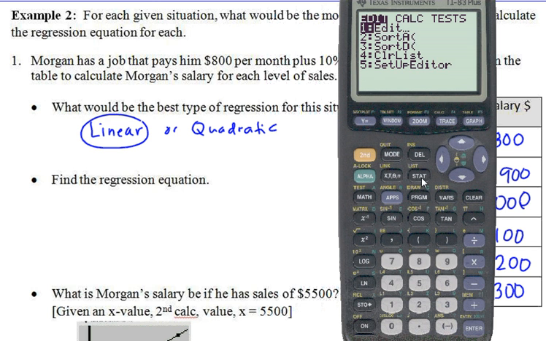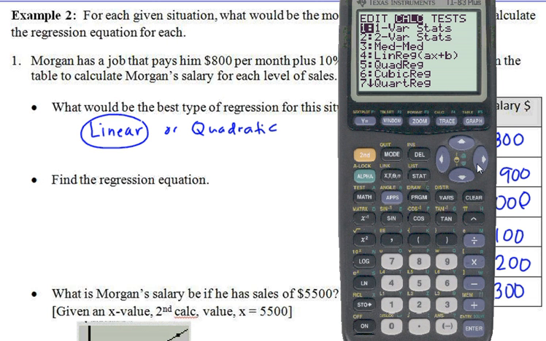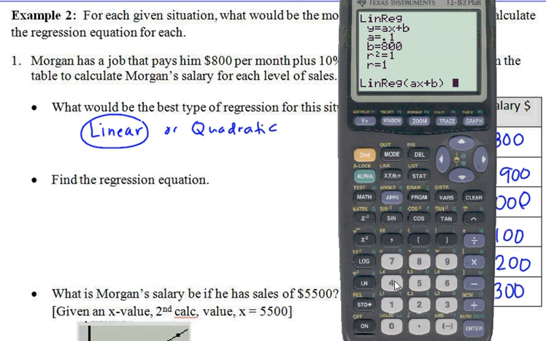So let's go back and do our linear regression. So stat, edit, number 4. I'm turning it on and doing everything. Did you do the linear regression?